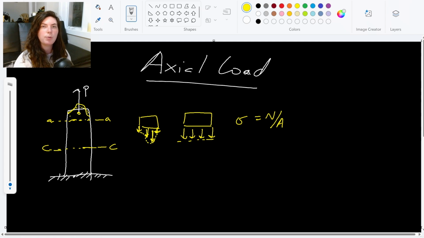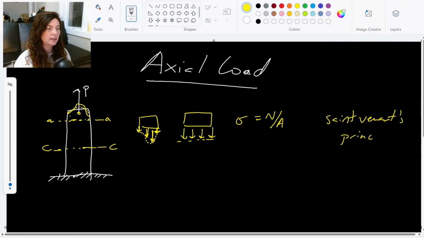It's not a perfect average. There is some deformation that occurs around that load. And this concept of this deformation not being noticeable farther away is something called Saint-Venant's principle.